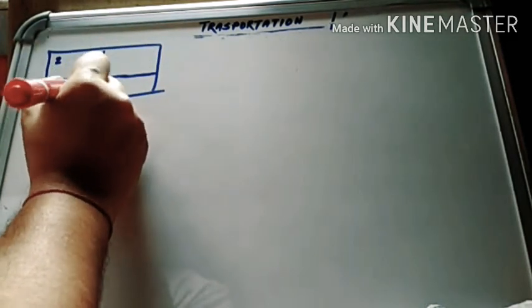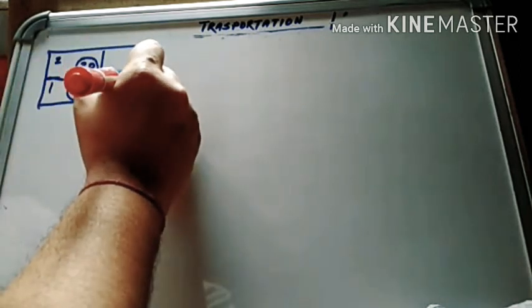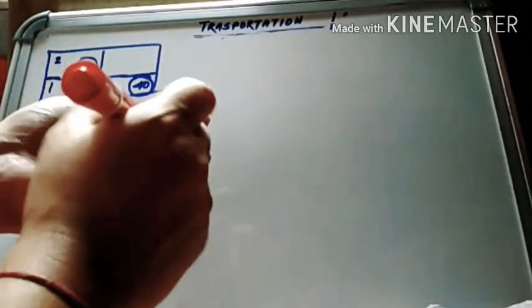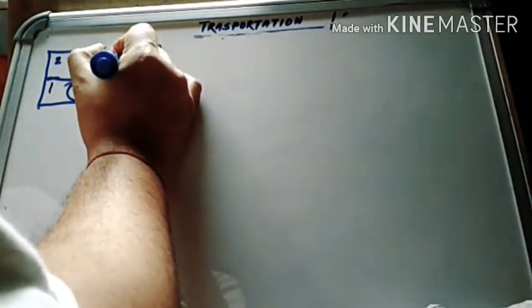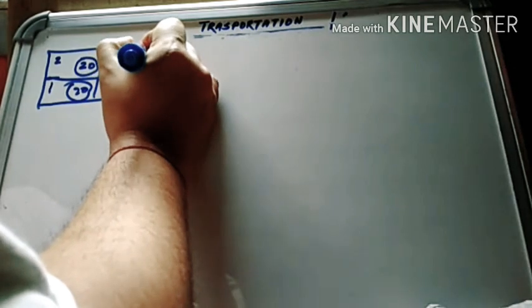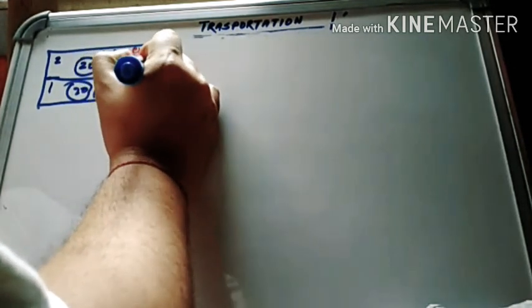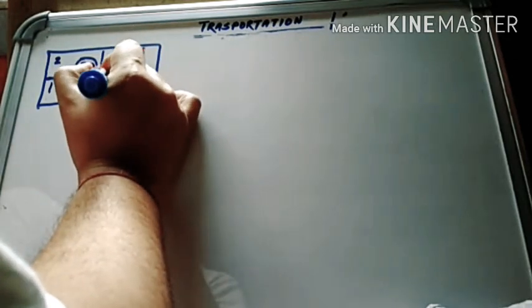This is also an allocated one, 20, this is 40 allocated, and in this cell we have found the Cij value as 2 and Zij equal to 3, and the difference is -1.